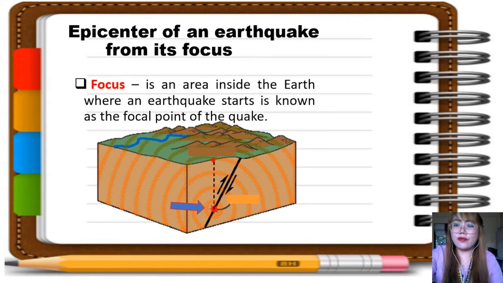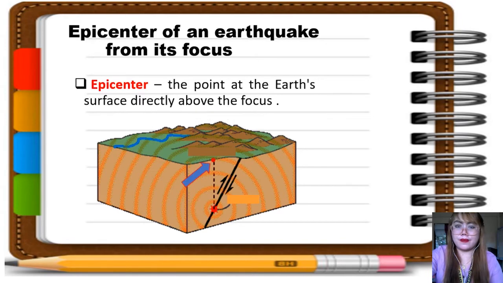How about the focus of an earthquake? The area inside the earth where an earthquake starts is known as the focal point of the quake or the focus. It is centered on the portion of the fault that has the greatest movement. On the other hand, the point at the Earth's surface directly above the focus is known as the epicenter of the quake.